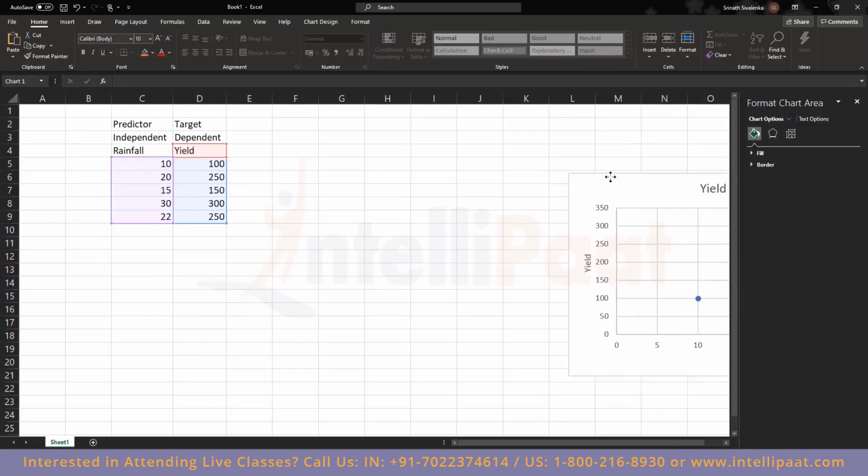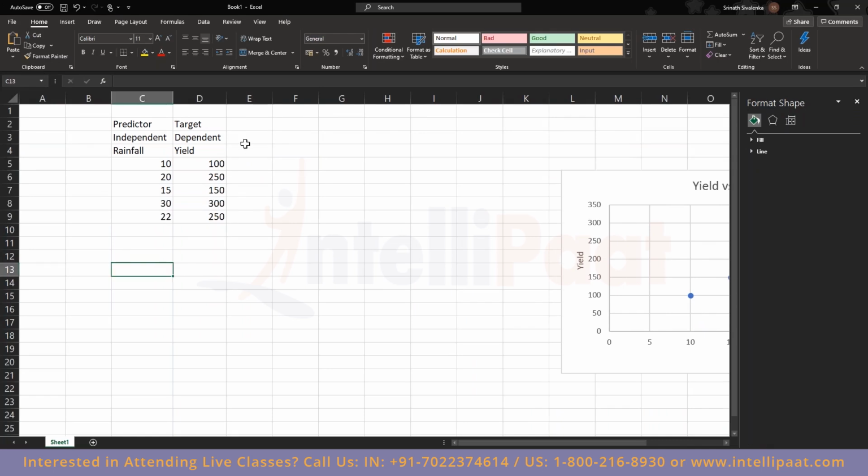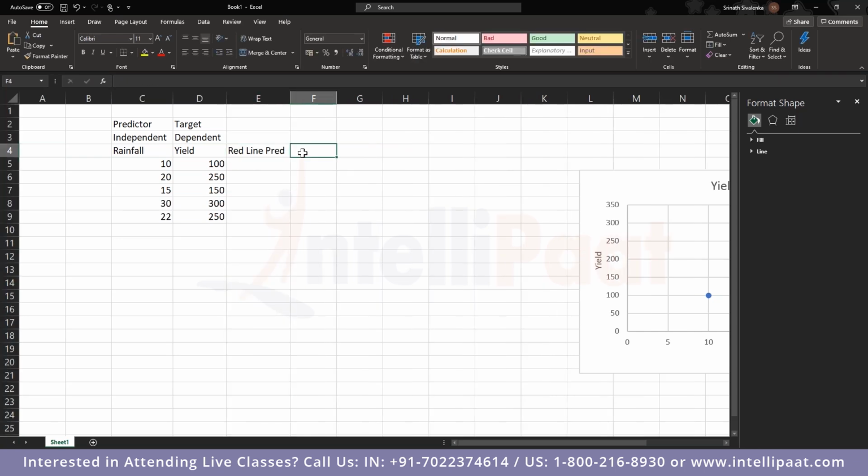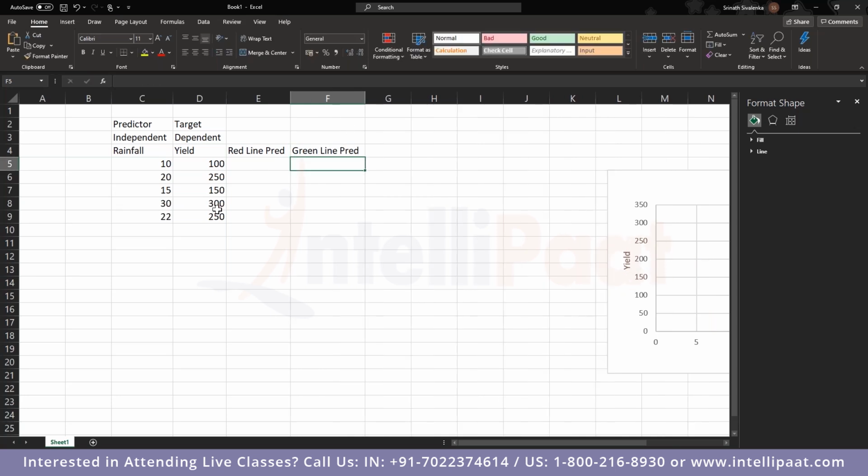So the way you do that is, first things first, this is the red line, and red line prediction, and this is the green line prediction. Before I have the red line prediction and the green line prediction, let me simply make a note of the red line equation.